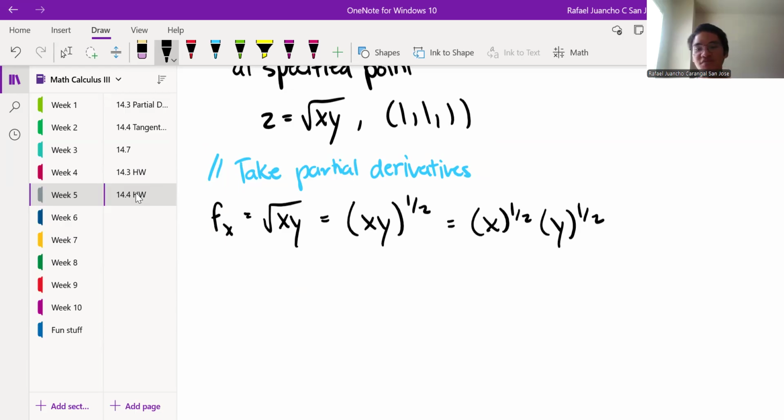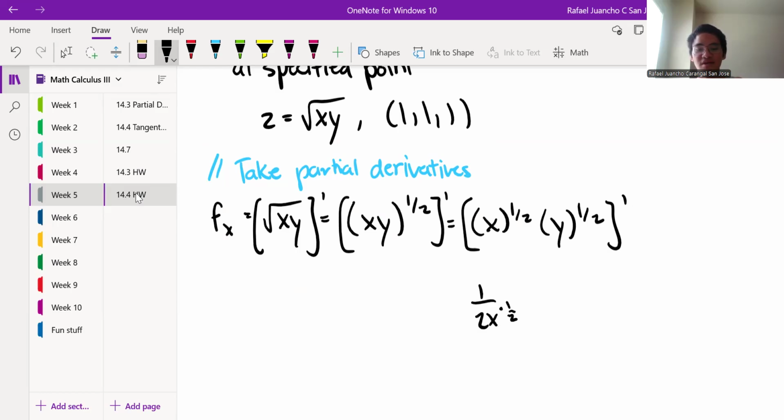Here we see that y is a constant, so we leave our y be. We can completely ignore it. My x, well, I have x to the 1/2. If we take the derivative of my x to the 1/2, I get 1/2 x to the minus 1/2.